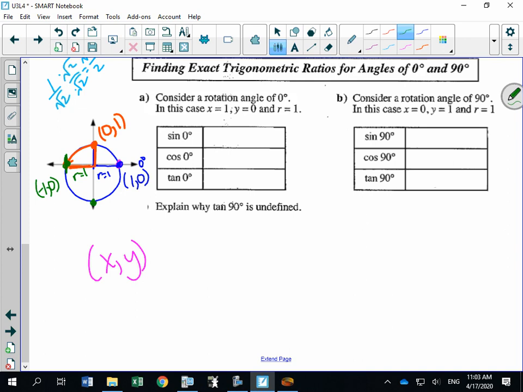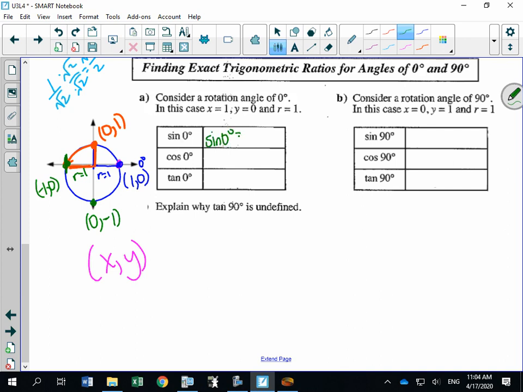Down here, the x value would be at 0, and the y value would now be at -1. So we really only need to know these 2 points for 20-1. So if I said, what's the sine at 0 degrees? So here's 0 degrees.